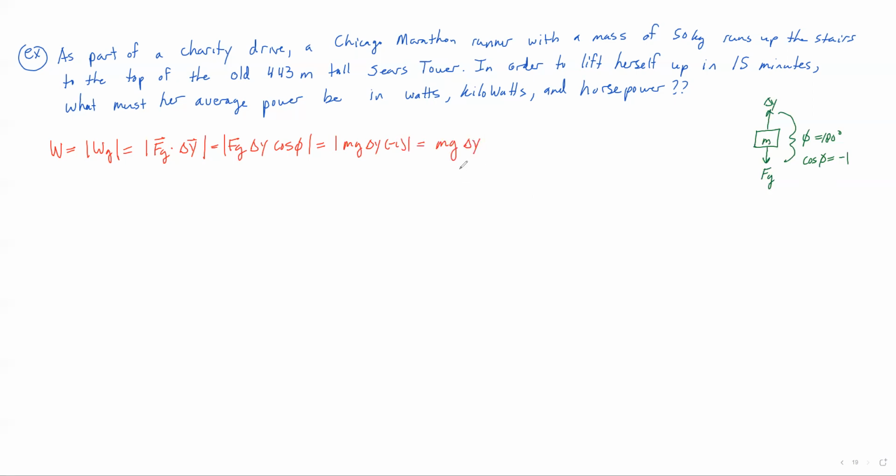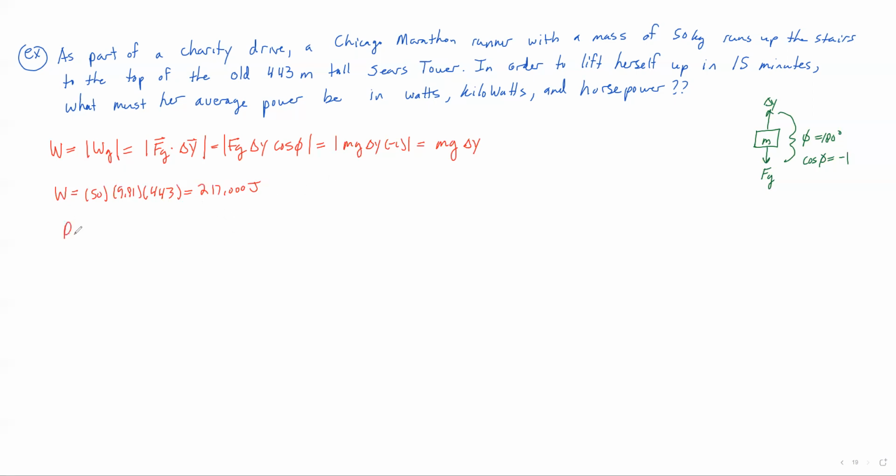Okay, so we know what that is. The work is going to be 50 is her mass, 9.81 is gravity, and 443 is the height of the Sears Tower. So when you multiply that together, that is 217,000 joules. Now, I want to get the power, right?